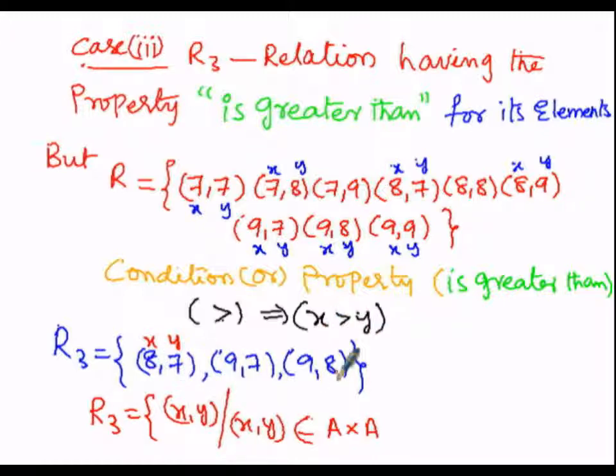So we can write the condition as x greater than y. Therefore this gives us the set builder form of the relation R3.